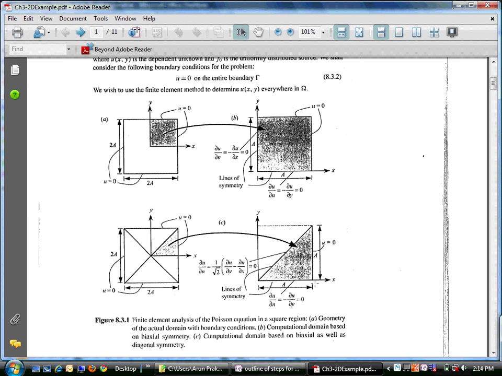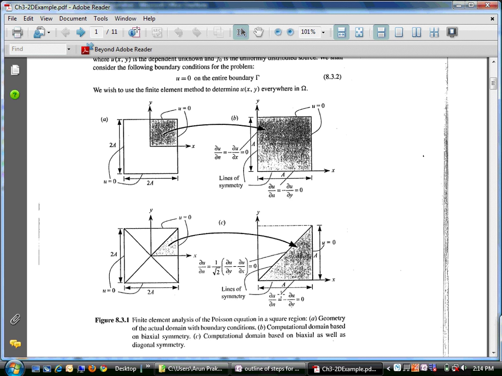In this case, if we just consider 1/8 of the domain and modify our boundary conditions a little bit, we can get away by solving just 1/8 of that domain. And let's take a look at what these boundary conditions would be.